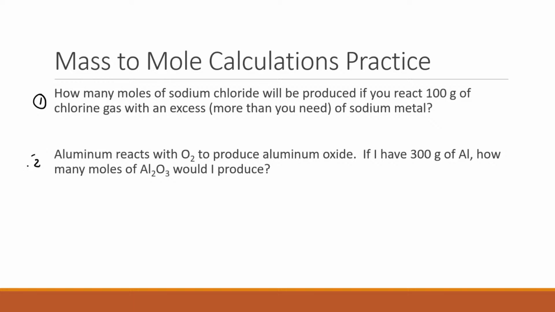Here we've got two problems. For our first problem, I'm going to give you the equation, and I'm going to balance it for you so you can focus on solving the problem.